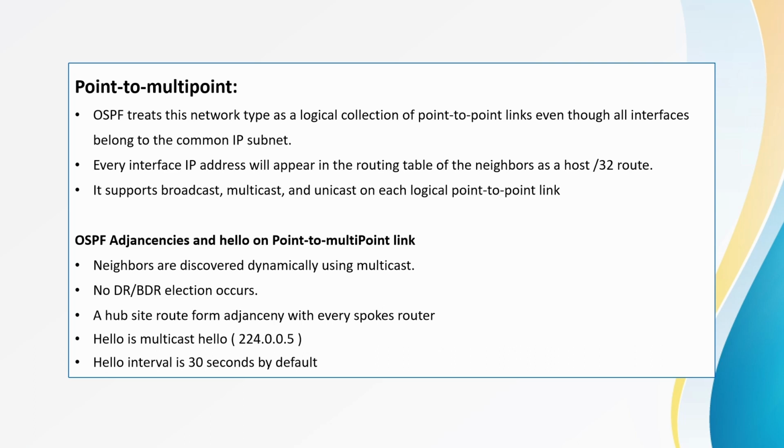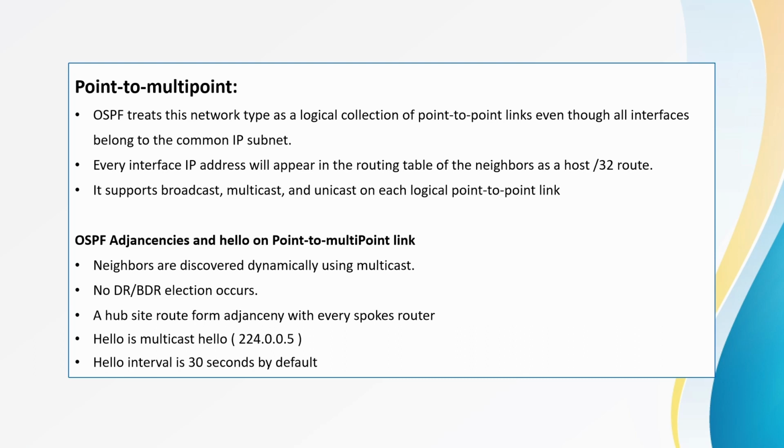It's just one end is one point, the rest are multi-ends. Each interface IP address will appear in the routing table of the neighbor as a host /32 route. It supports multicast, broadcast, and unicast on each logical point-to-point link.